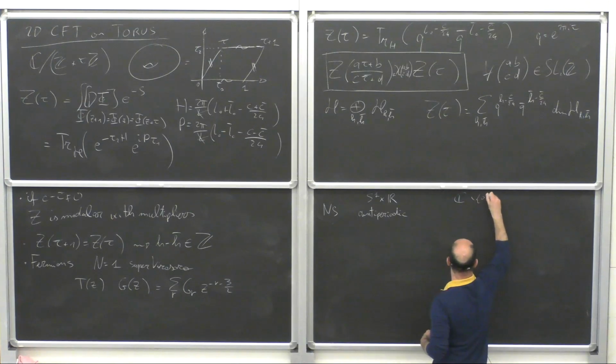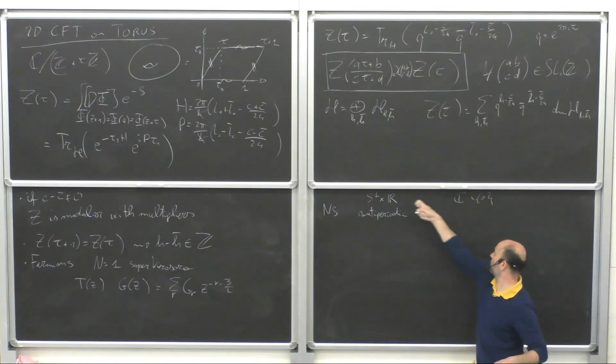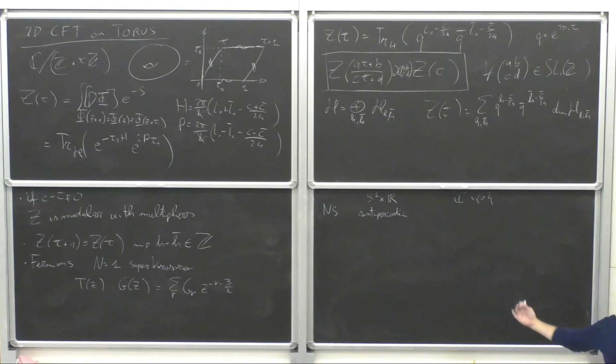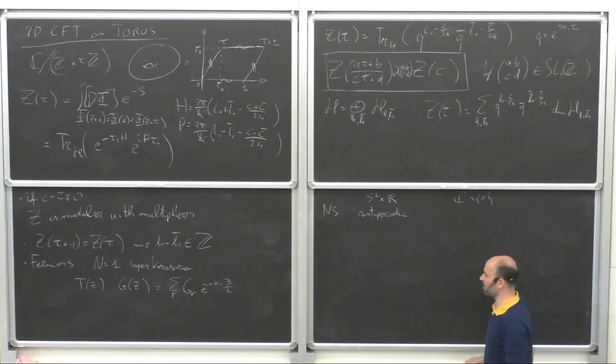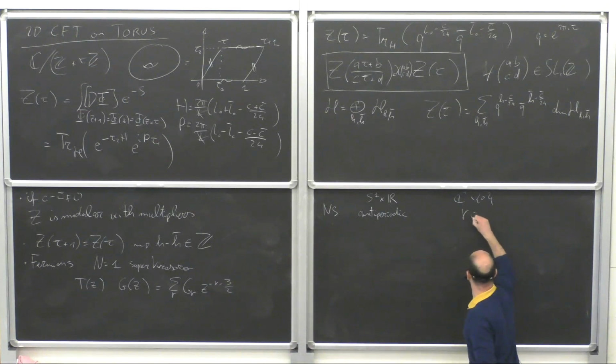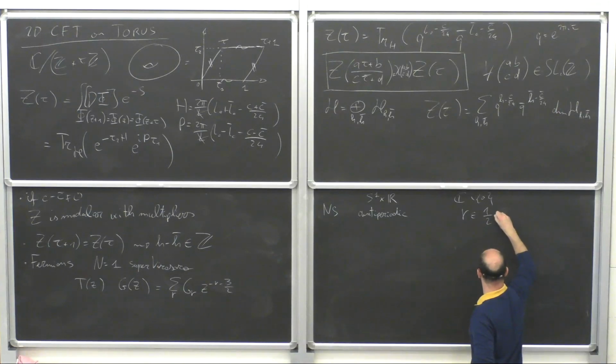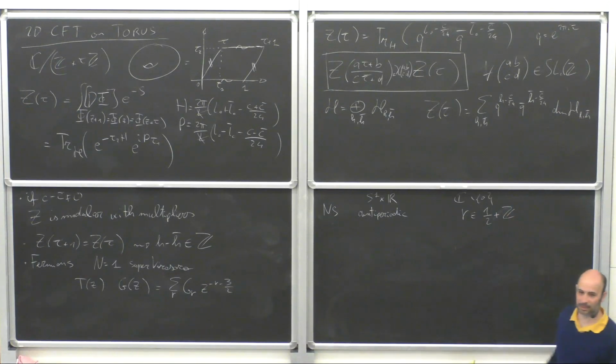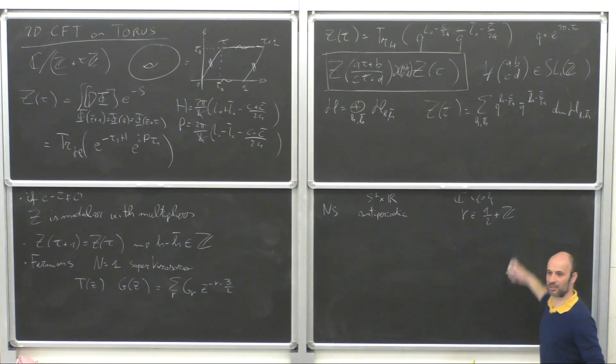When you do a conformal transformation from the cylinder to the plane without zero, that means that the modes of the fermions are actually half integral, so half plus an integer.